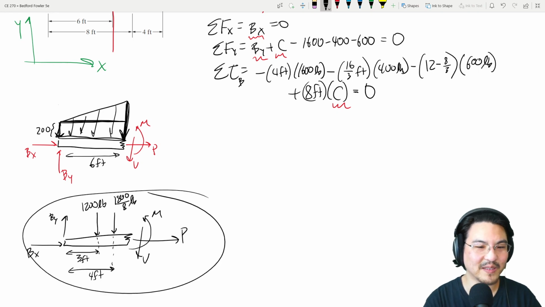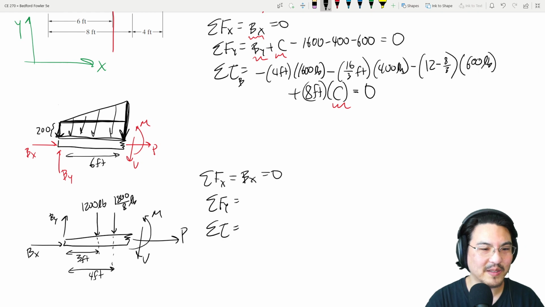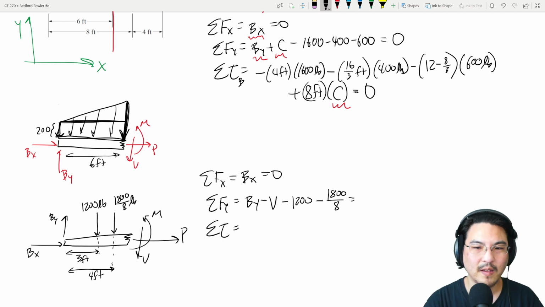Okay, so now that we have this, you can solve for the 3 unknowns. Right, x direction, y direction, let's see, minus V, minus 1200, minus this. That's it. Okay, and then sum torque about anywhere we want. How about here, the right side?